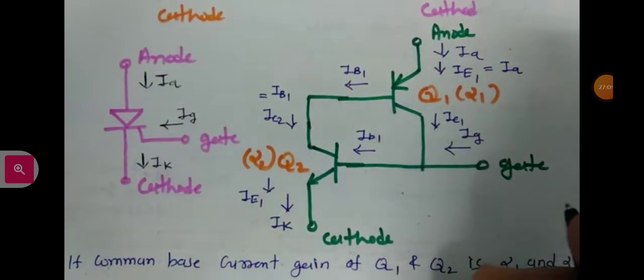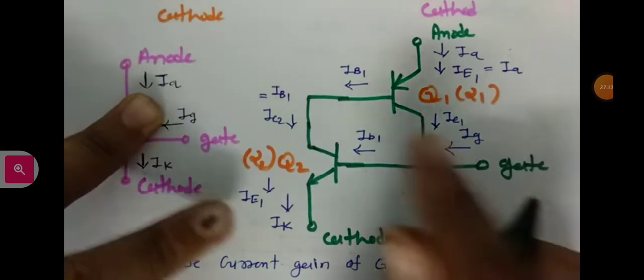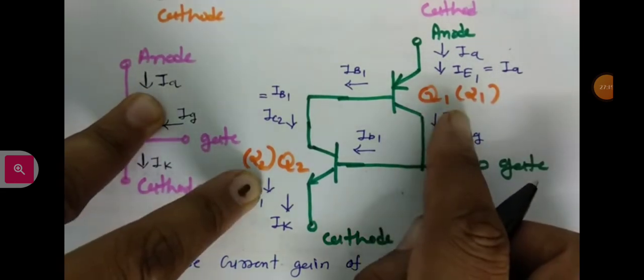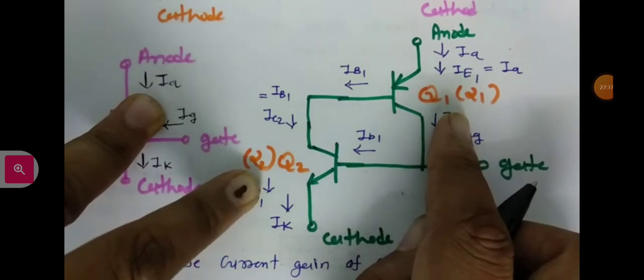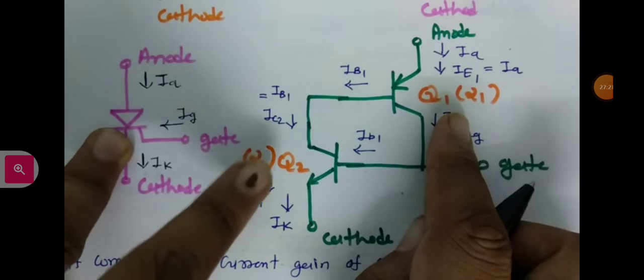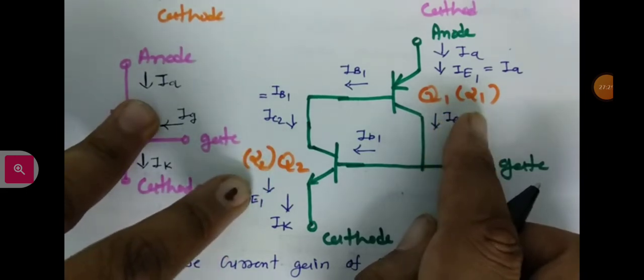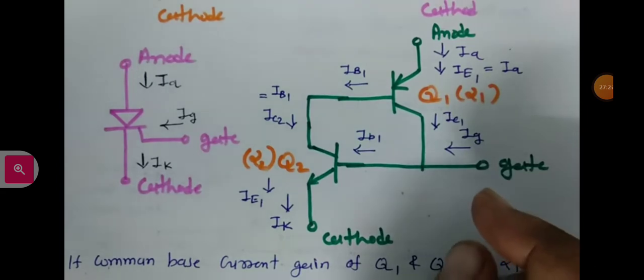This is the basic aim I am keeping in mind. So I want to derive the anode current in terms of alpha 1 and alpha 2, and then see how the SCR gets triggered.